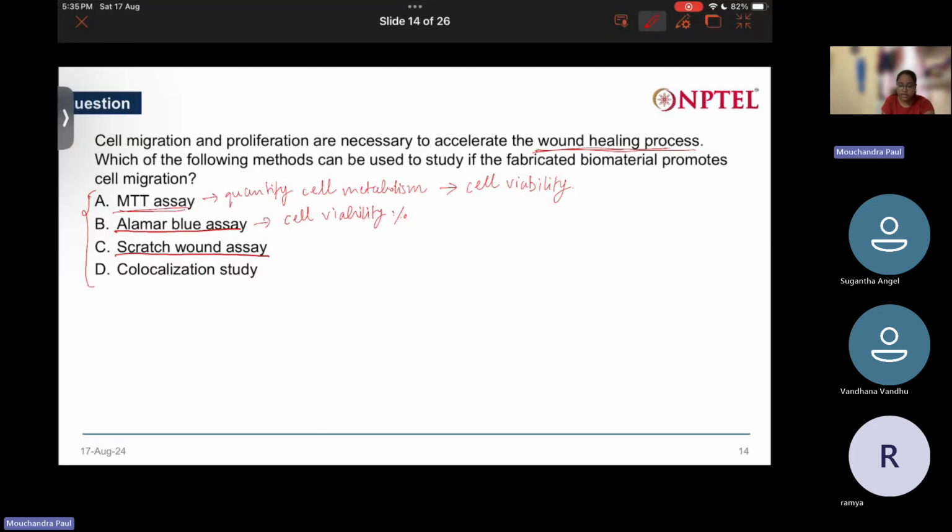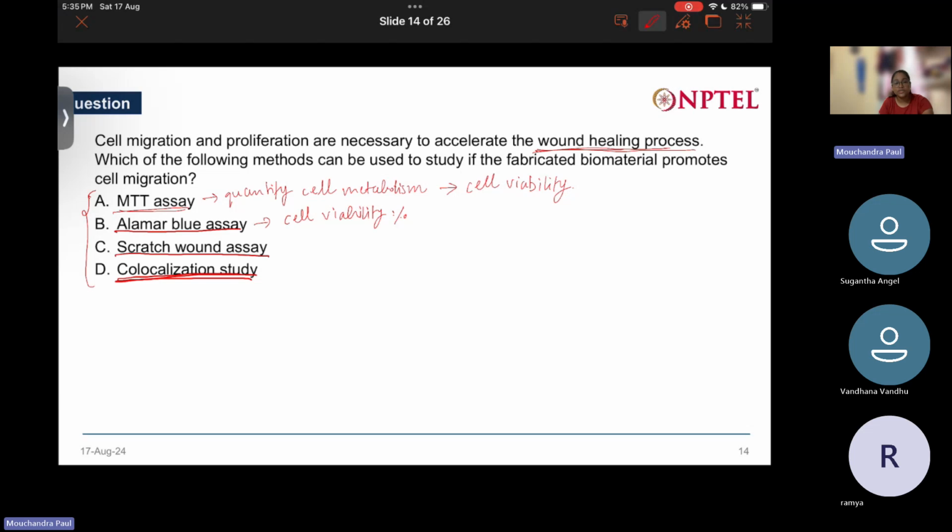Then another study often used is called co-localization study. Here they try to see whether the uptake, so uptake means you introduce some foreign particles inside the cell. Maybe it may be a drug particle or nanoparticle.